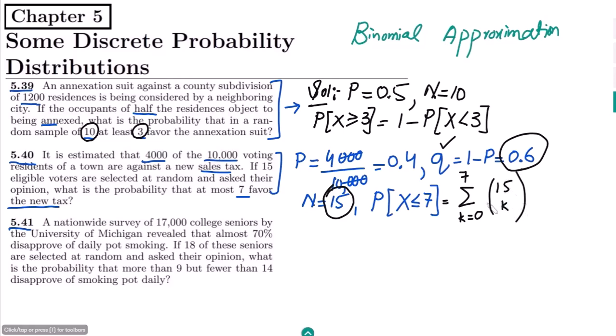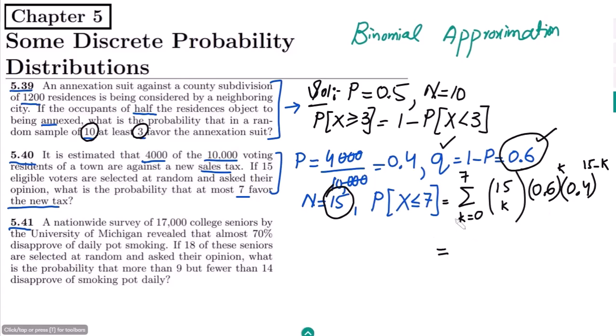Now as we want to find the people who are in favor of the tax, this is the probability we have: 0.6 raised to the power k, and 0.4, which is 1 minus 0.6, raised to the power 15 minus k.